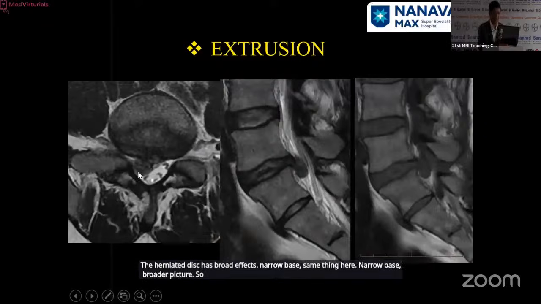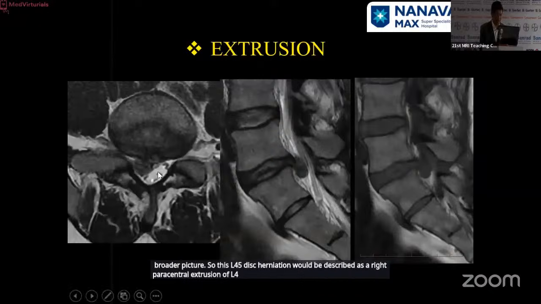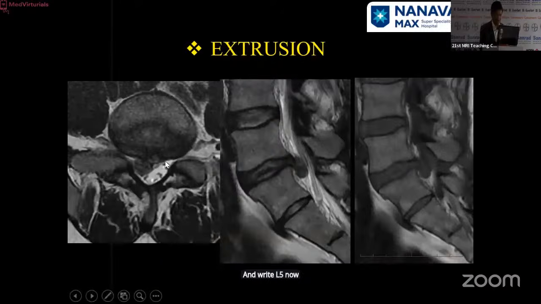So this L4-5 disc herniation would be described as right paracentral extrusion of the L4-5 disc, causing compression of the thecal sac and right L5 nerve root. This is the normal left L5 nerve root, and these are exiting L4 nerve roots. If you see here, there is a lot of degeneration of the nuclear material.